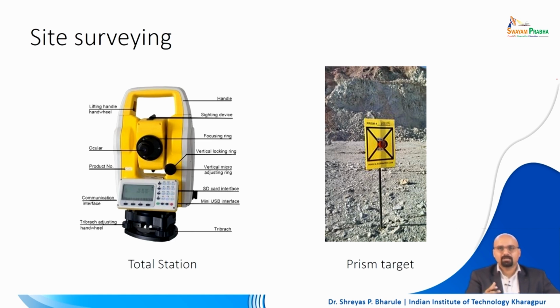Now, just to give you a context of what exactly happens in that case, there is an instrument called the total station, which uses laser ranging technology to measure the dimensions of the different points of the site and come out with accurate dimensions, including what the angles are.